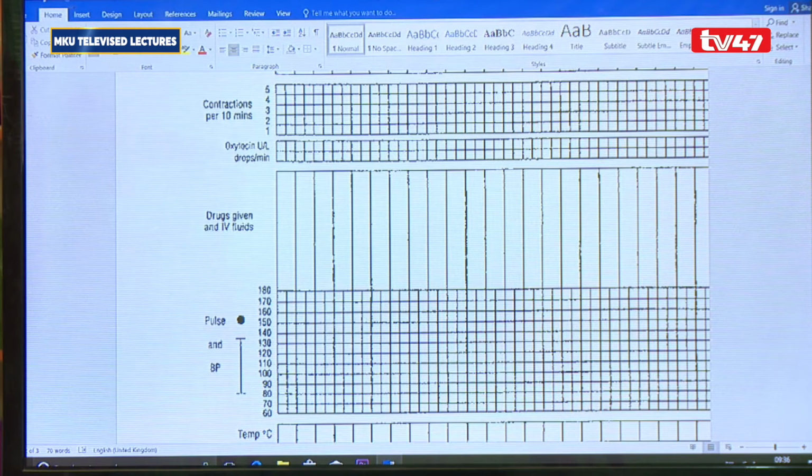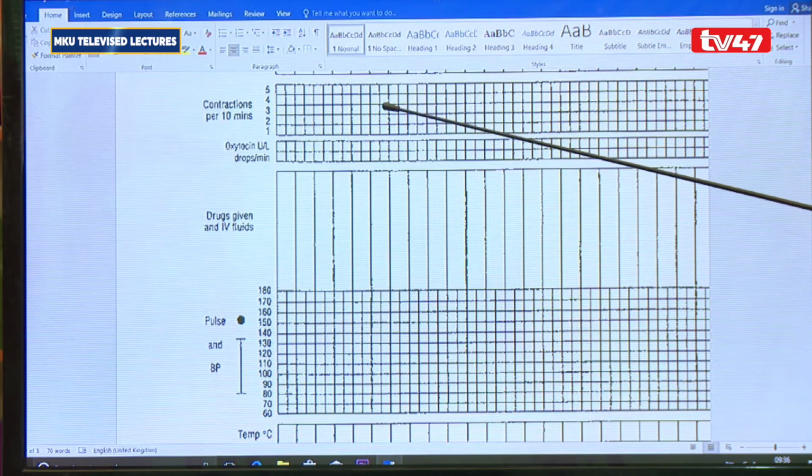When the contractions are very severe and it's early labor, the baby is in danger of fetal distress because of very rapid descent, and the mother is also in danger because she may suffer a ruptured uterus because of those severe contractions.